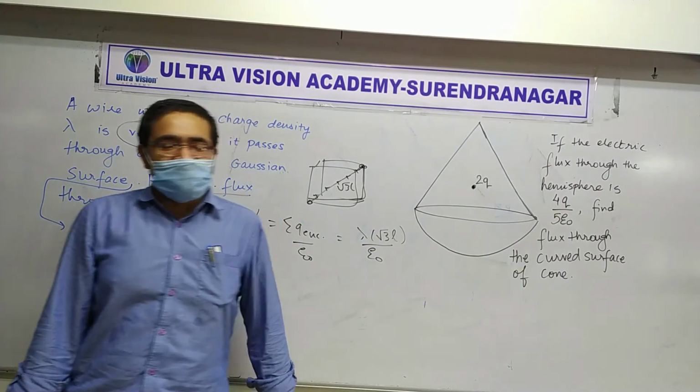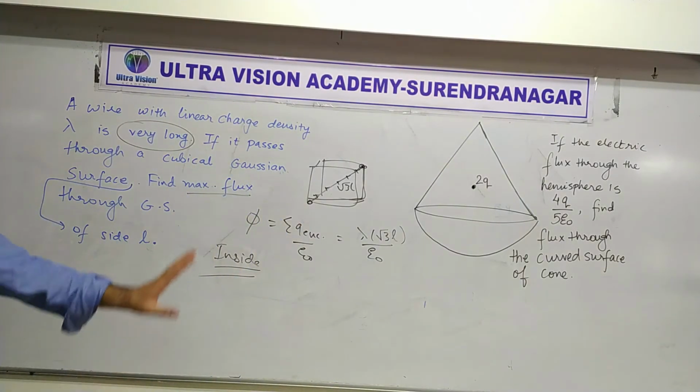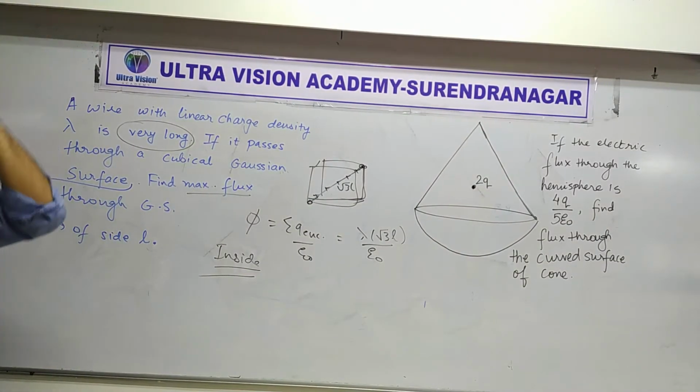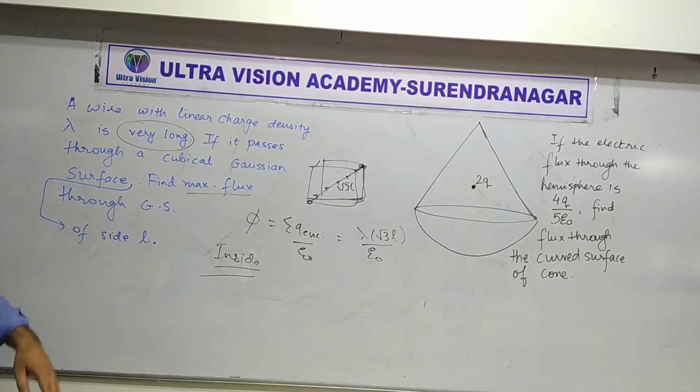What will be the minimum flux possible? Lambda L by epsilon 0? Sure? 0. Take the wire from outside and don't bring it inside. You get what I am saying?